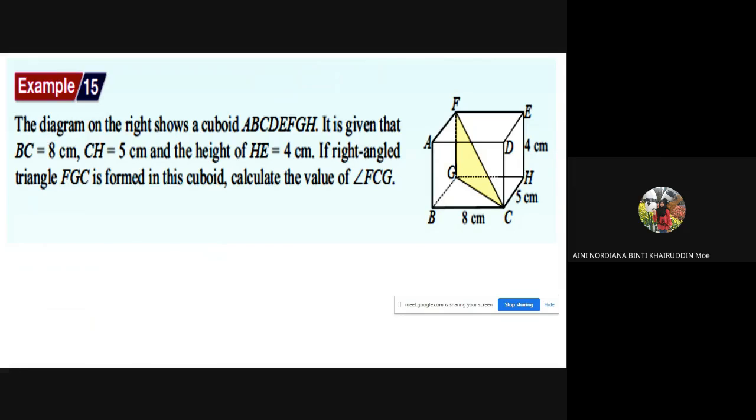If right angle triangle FGC, the yellow colored one, is formed in this cuboid, calculate the value of angle FCG.